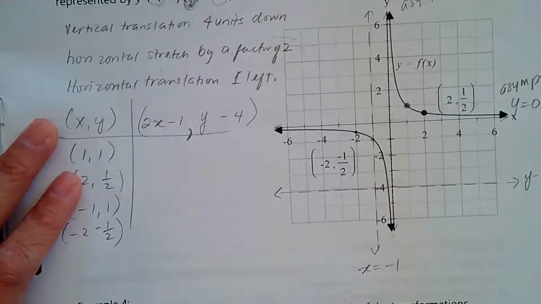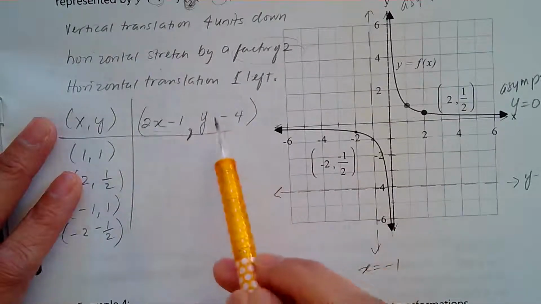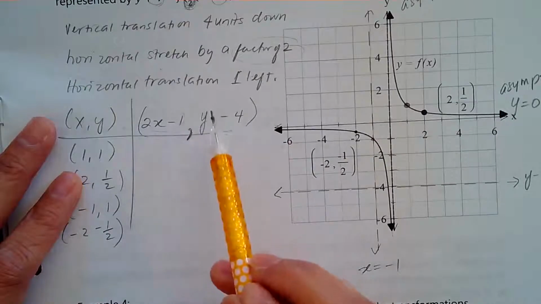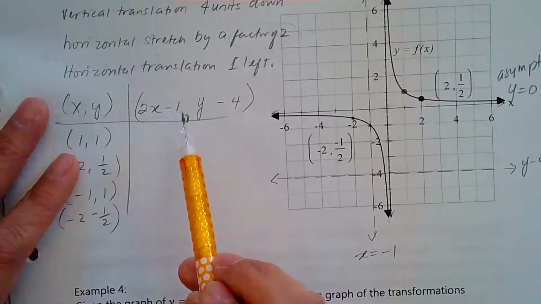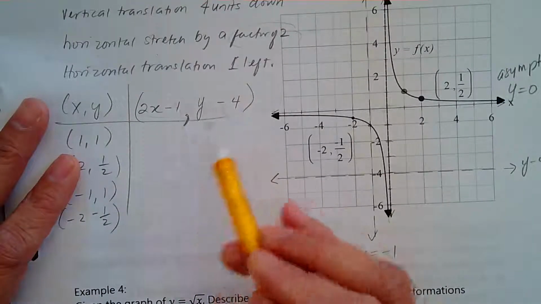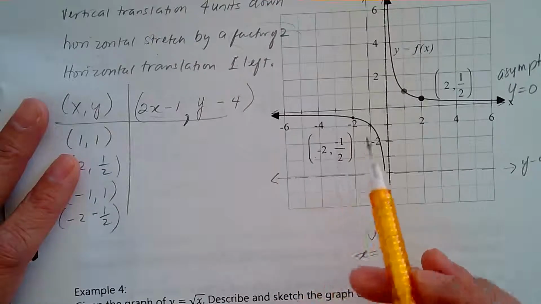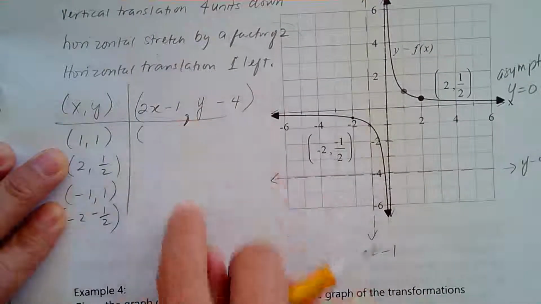So everybody okay with that? 2x minus 1. Once you figure this out, I think it gets easy, right? The 2x minus 1, y minus 4. Once you have this written down, it gets easy from there. So let's see that. Okay, so go ahead and let's figure this piece.